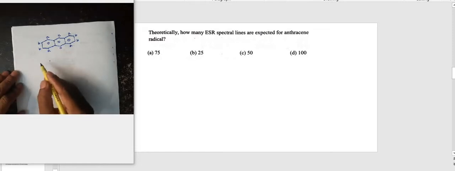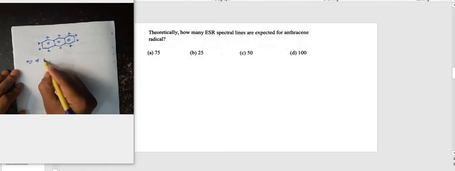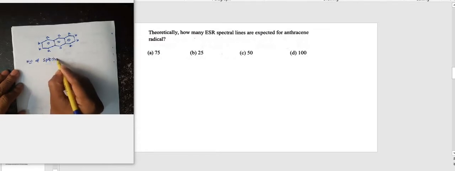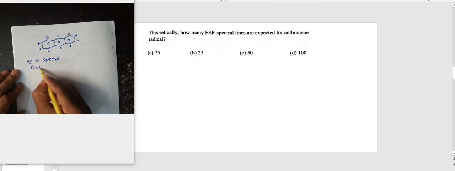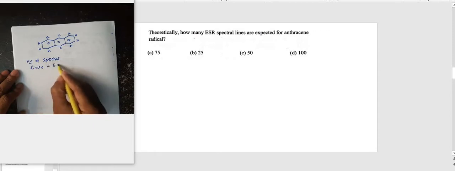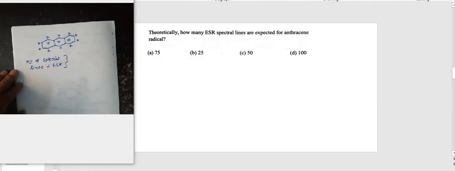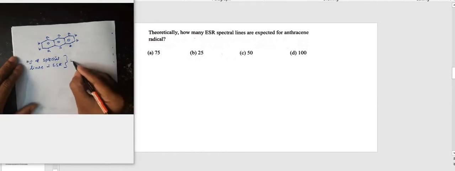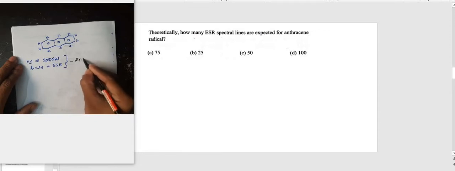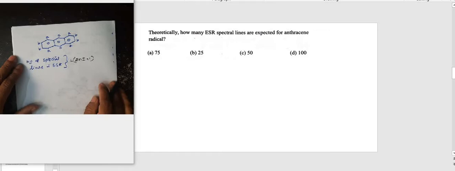Now how many lines will we get? The number of spectral lines in ESR can be calculated using the formula 2nI plus 1. But here I have 3 different sets of protons.